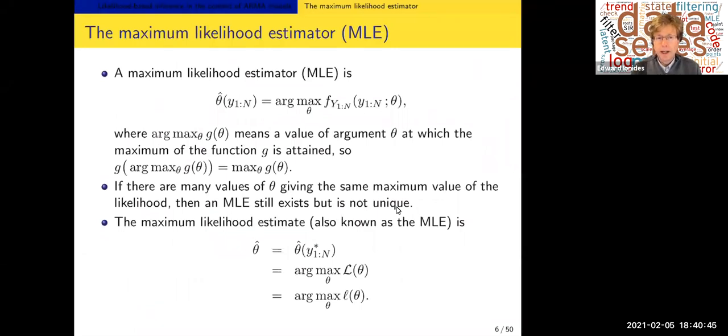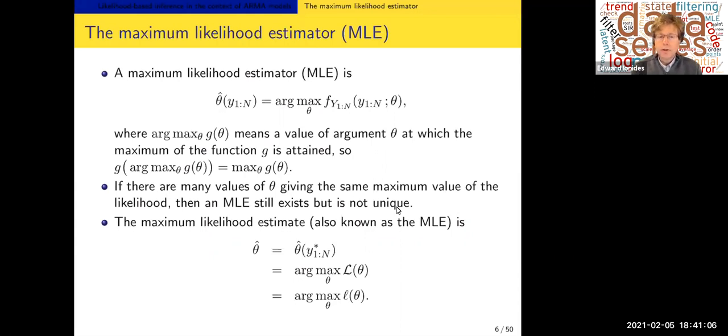Here's the maximum likelihood estimator, the famous MLE, which in our notation is theta hat of y1 through n, the value of theta maximizing the joint density viewed as a function of theta.